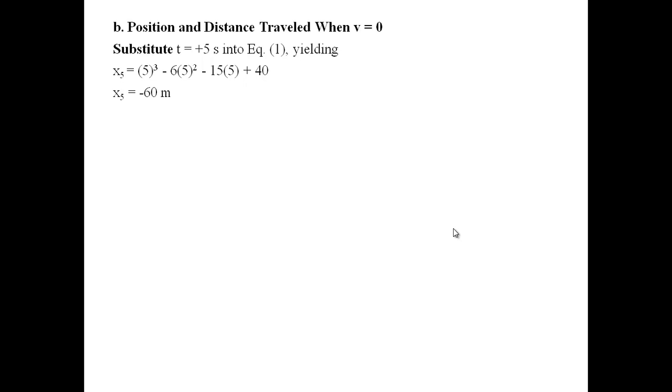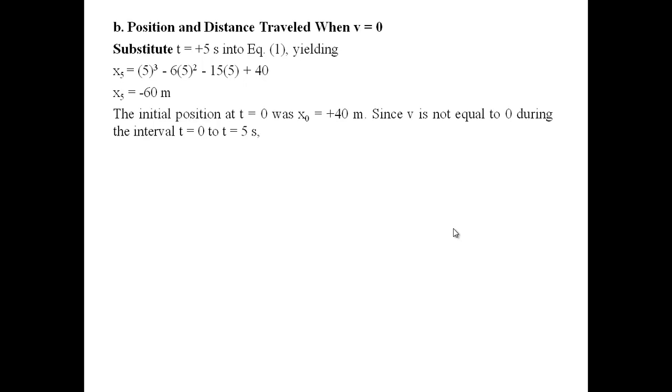The initial position at t is equal to 0, x0, when substituting in the equation, we get x of 0 is equal to plus 40 meter.